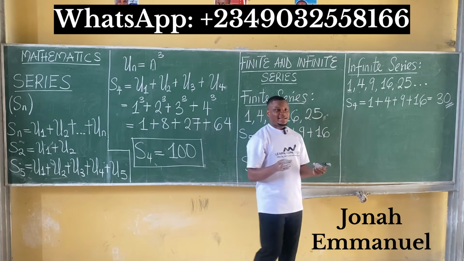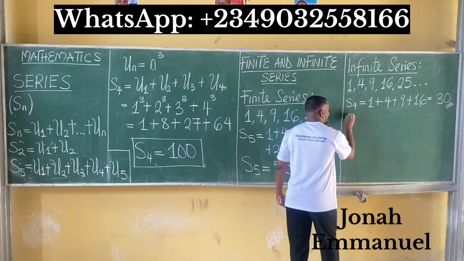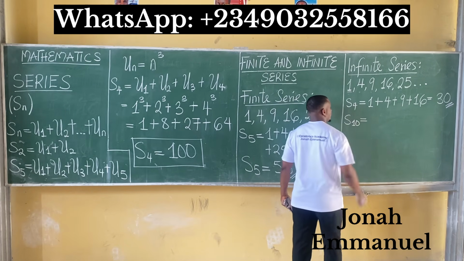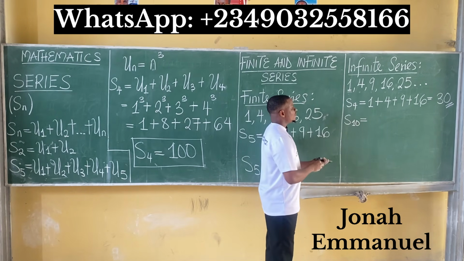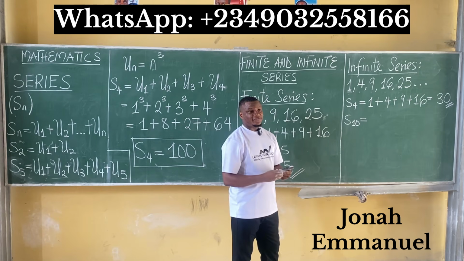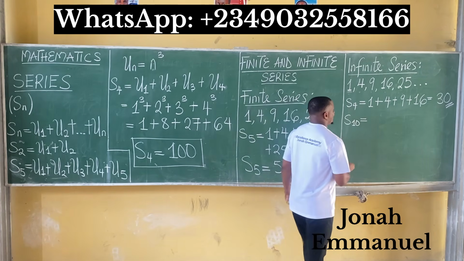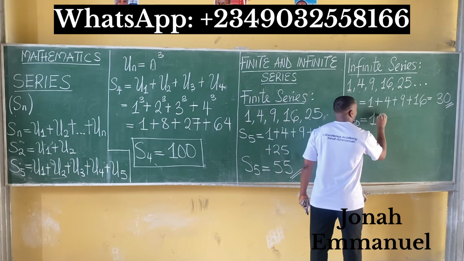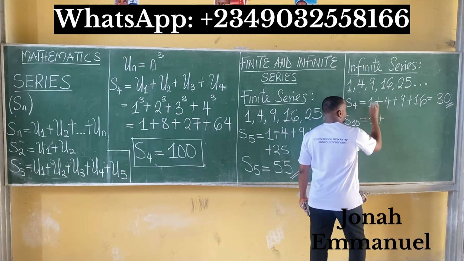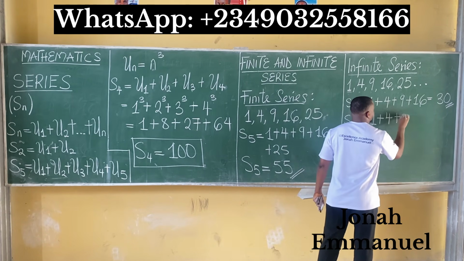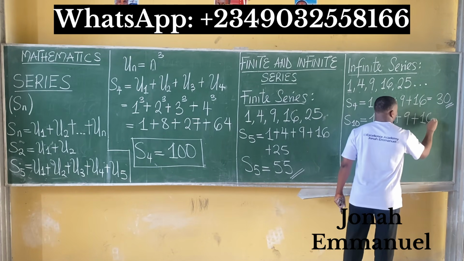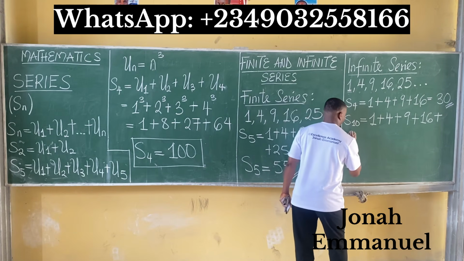So what would the first 10 terms be? The sum of the first 10 terms, S10, is equal to, for this, all I will have to do is get the first 10 terms. Before that, I'll list out this: 1 plus 4 plus 9 plus 16 plus 25.